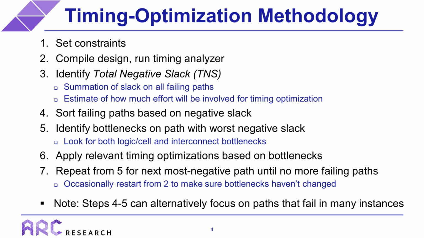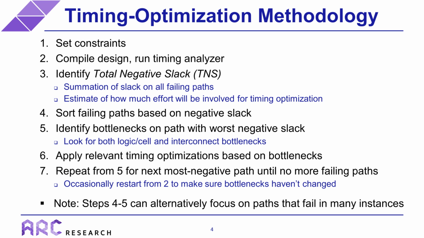One of the most important statistics is the total negative slack, or TNS. So this total negative slack is the summation of slack on all failing paths, or all paths essentially that have setup violations. So if this is positive, it basically means there are no timing violations, which is what you want.